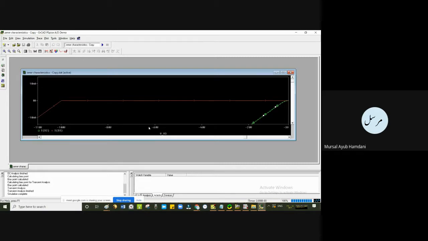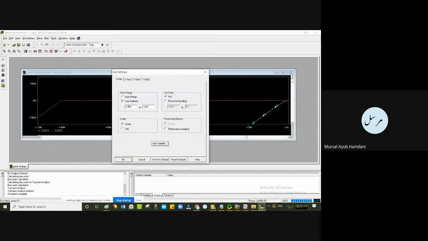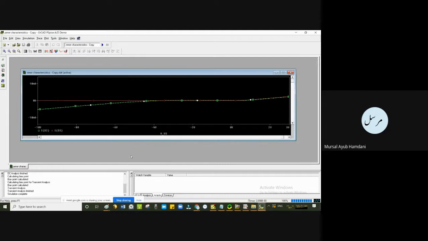Now let me minus 10 to 3. Okay. Okay, this is the IV characteristics, and you can clearly see the distinction in the reverse bias, while the forward bias is the same.